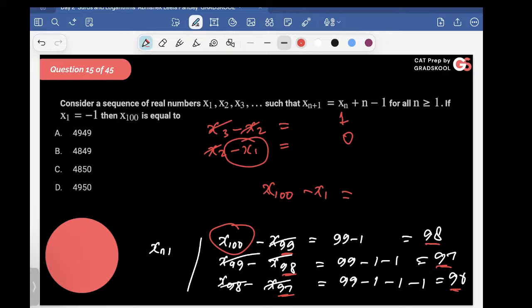All of you got that? सही है. This will be equal to 0 plus 1 plus 2 till 98.